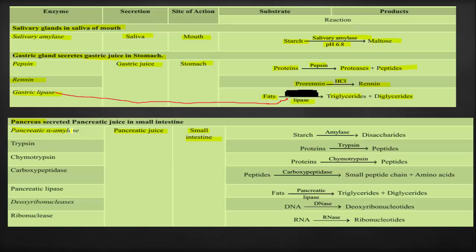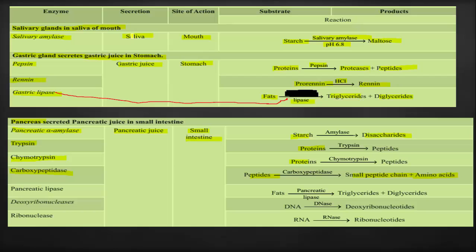The pancreatic amylase acts on the starch and converts it into a disaccharide, that is once again maltose. The protein digesting enzymes trypsin, chymotrypsin and carboxypeptidase are also present in the pancreatic juice. They act on the proteins and finally convert them into small peptide chains along with amino acids.